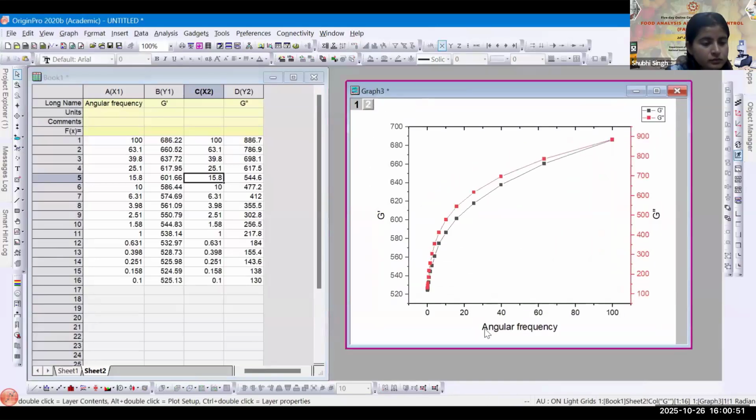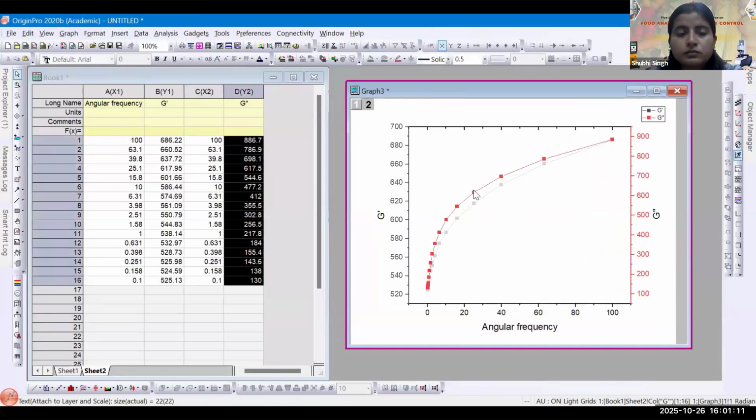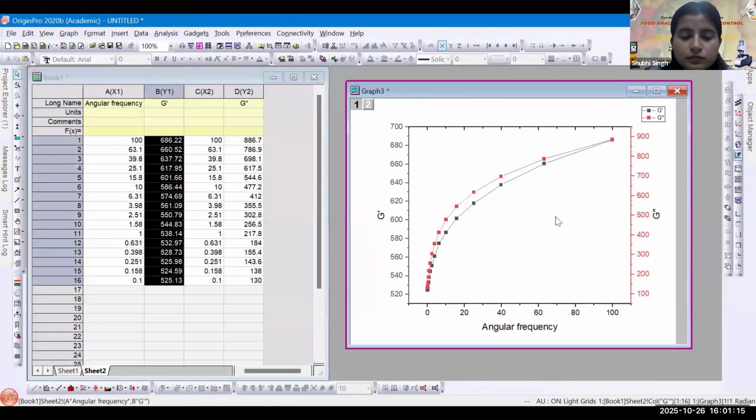Now we have the common angular frequency, and on the right side, on the red axis, you can see the loss modulus, that is G double prime. On the left side, on the black axis, you can see the storage modulus, that is our elastic modulus. This red curve is for the loss modulus, and black for the elastic modulus or storage modulus.